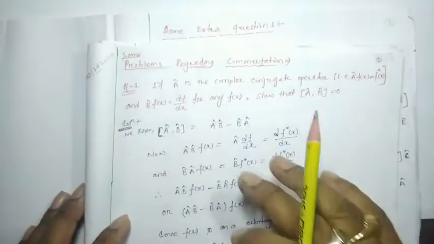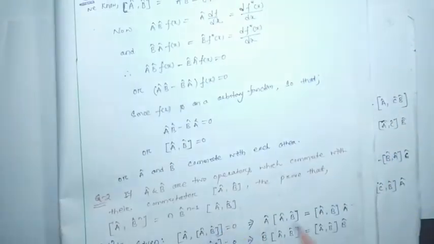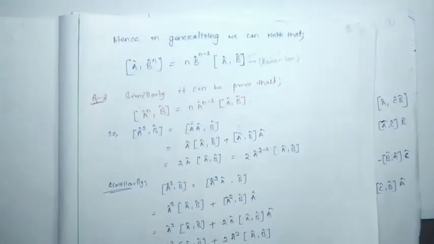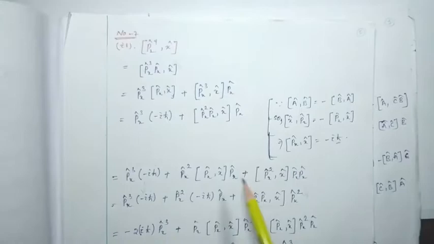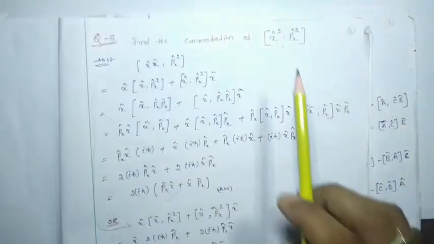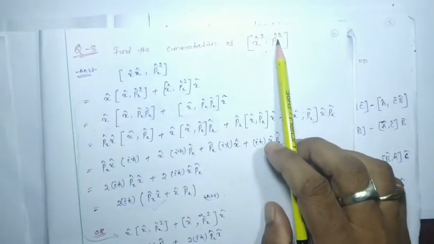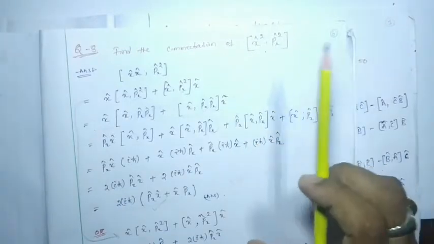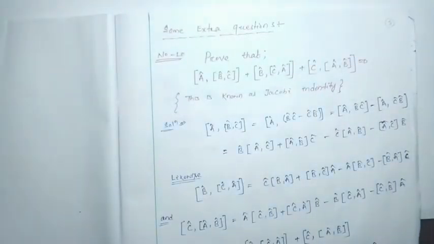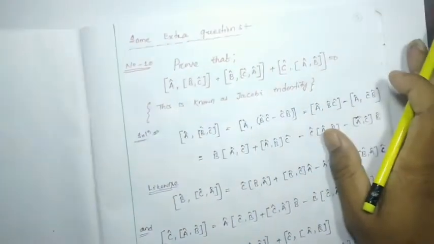The most important one will be x square and px square, x cap square and px cap square. Up to 9 questions we solved in our last class, and today I am going to discuss the questions I gave in the last class. I gave hints on how you are going to solve the questions.